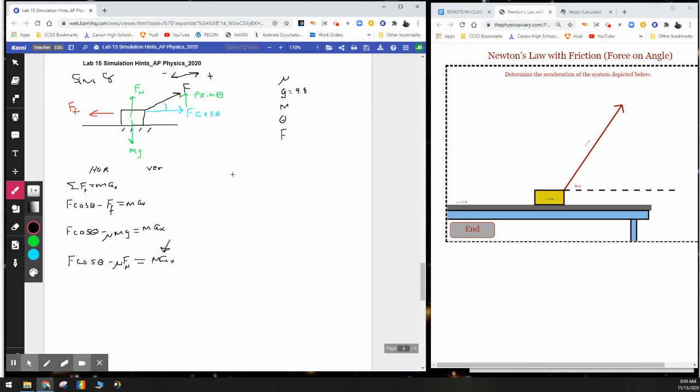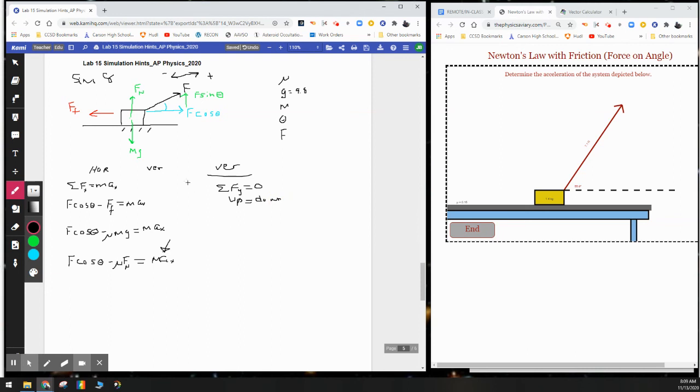That's our goal. Now the vertical. The sum of the forces in the y direction is going to equal 0 because it's not accelerating in the y direction. This implies that up equals down.